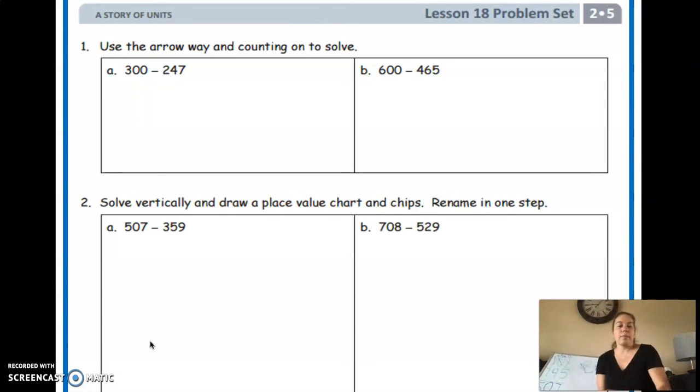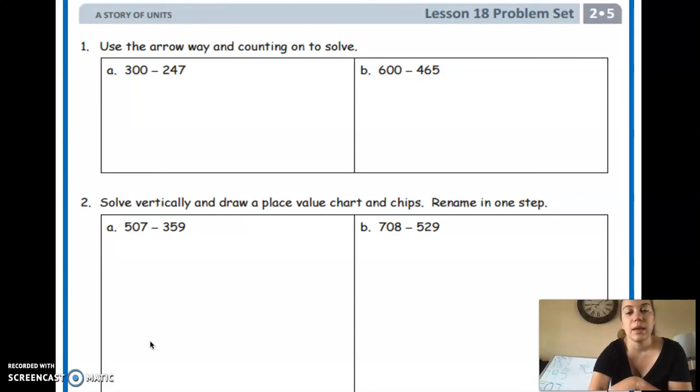So for our problem set today, you're going to have to use the arrow way to practice that skill as well. And then you're also going to be using a place value chart. So for number 1, you're going to do 300 minus 247. Part B, you're going to do 600 minus 465. And then for 2, you're going to use your place value chart. So you're going to do 507 minus 359.